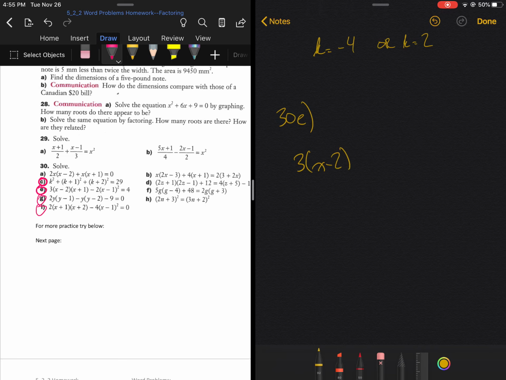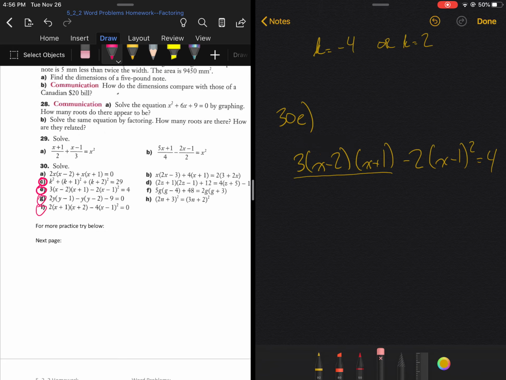Done C. Let's do 30E. And I have 3(x minus 2) times (x plus 1) minus 2(x minus 1) squared equals 4. This is a good practice in BEDMAS. Okay, so what do we do first? Well, there are two terms.